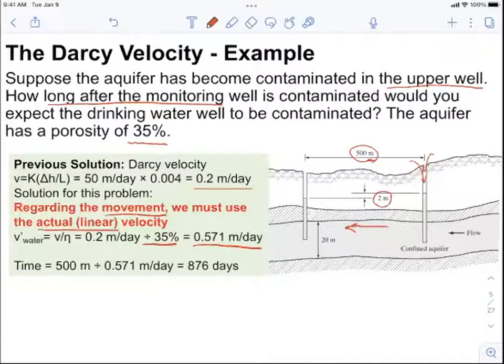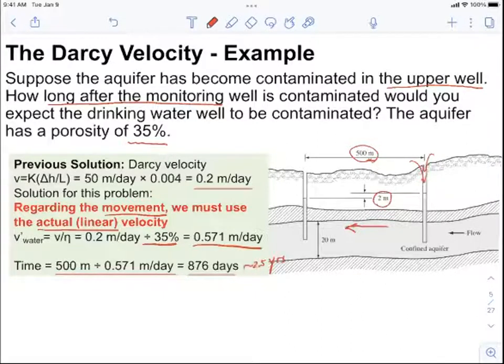If you know the actual velocity, then we can use the distance, that's 500 meters, and divide that by the actual velocity. That turns out to be 876 days, which is around 2.5 years.